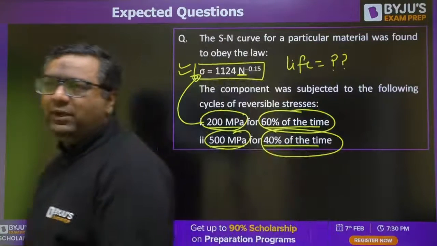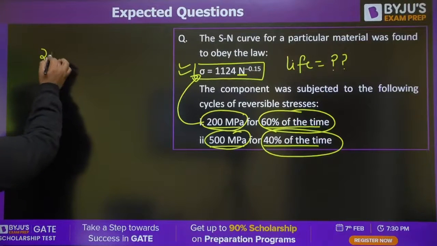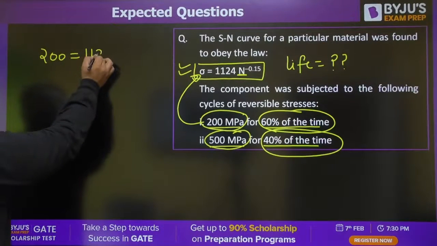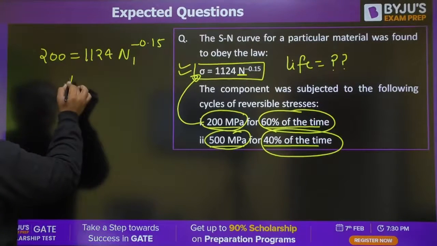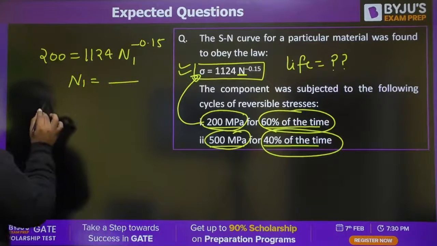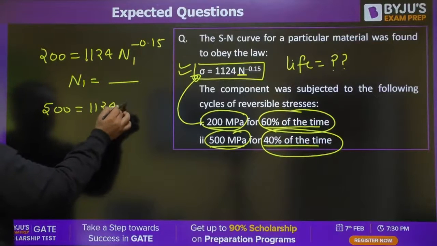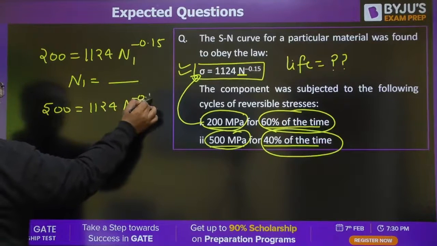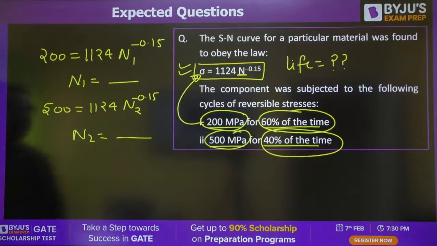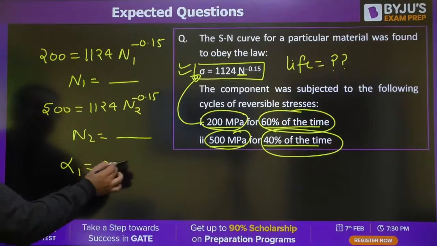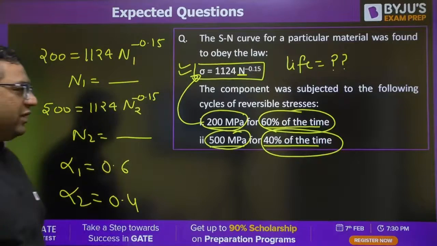By putting 200 into 1124 n to the power minus 0.15, you will get n1. Then 500 into 1124 n2 to the power minus 0.15, you will get n2. Then apply Miner's rule. Alpha 1 is already given as 0.6, alpha 2 is already given as 0.4. You can find the total life.